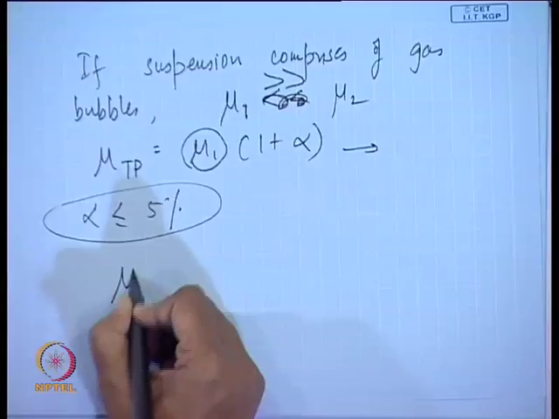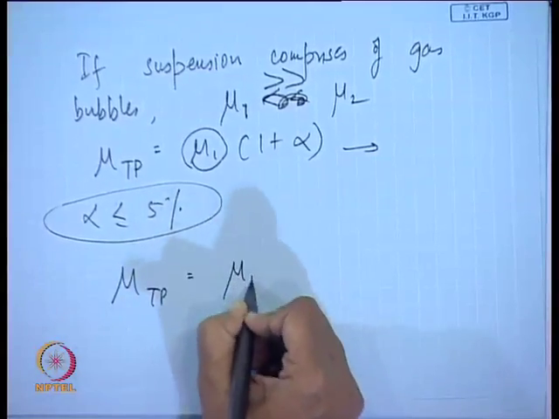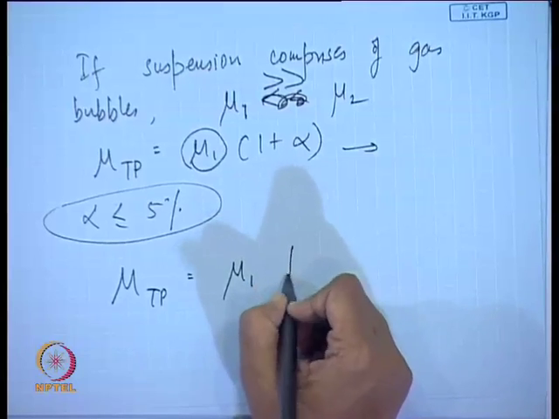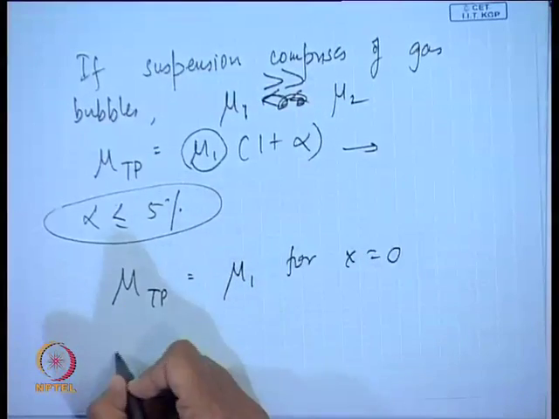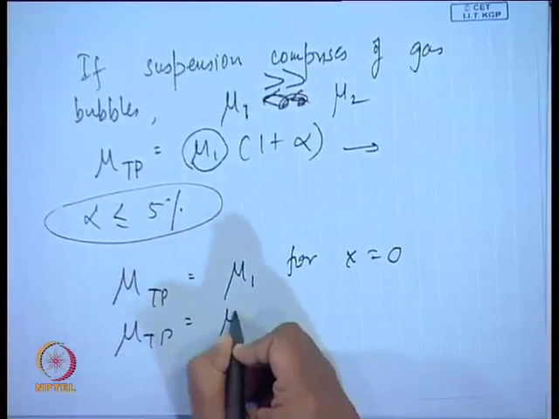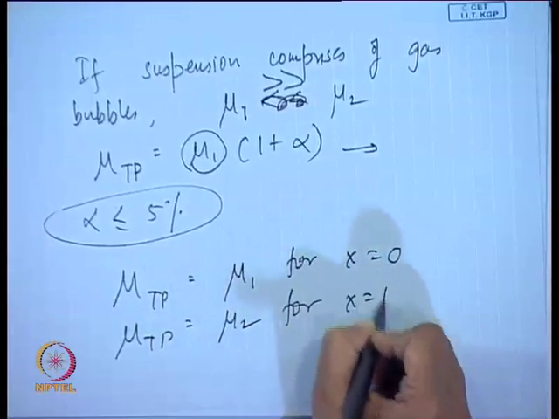Limiting conditions are mu TP equals mu 1 for x equals 0, and mu TP equals mu 2 for x equals 1.